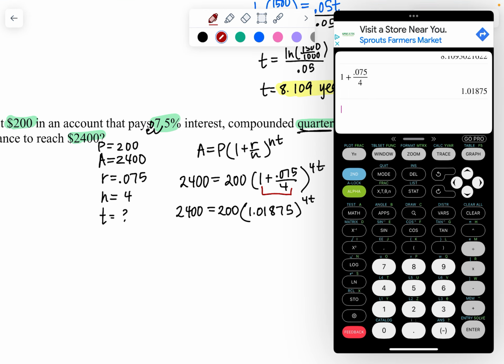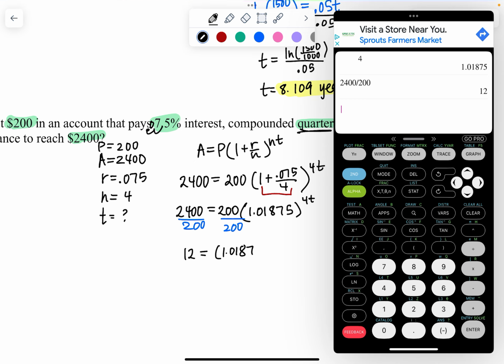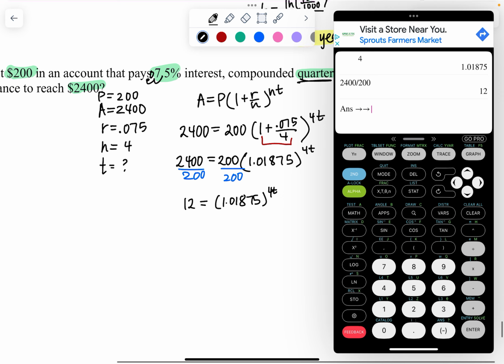Okay, and now we're kind of back to what we did in the last problem. So we want to divide by this 200 first, and this will be a nice number. 2,400 divided by 200 is just 12. Okay, and so now we have our exponential expression isolated.